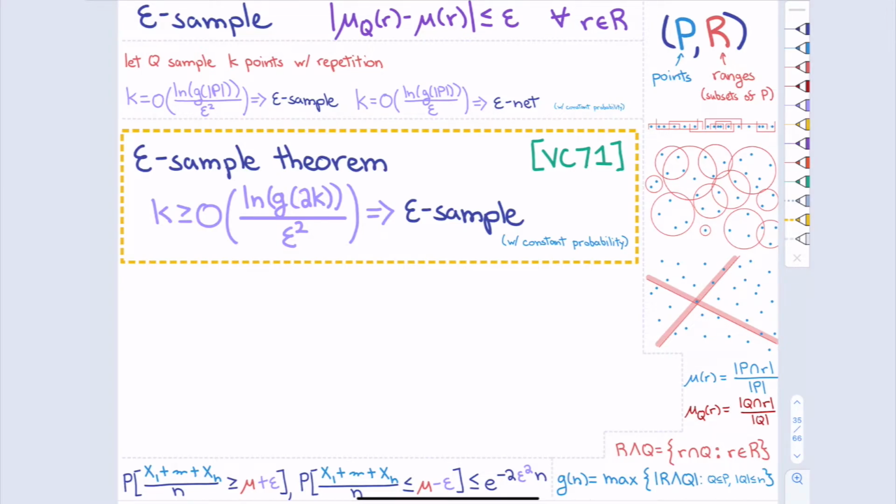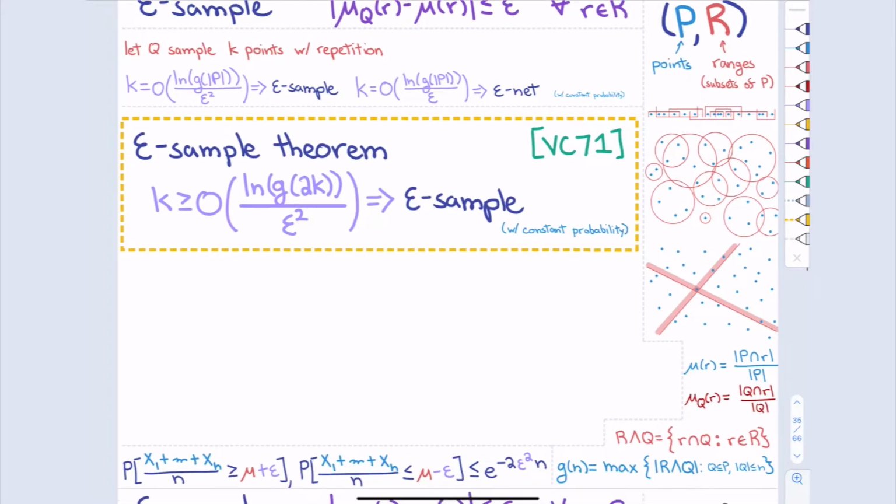Instead of having to use log of growth over epsilon squared, it says that as long as I choose k to be at least the log of growth of 2k over epsilon squared, which is a little bit awkward, but k doesn't have to be that big for k to be bigger than log of growth of 2k, assuming growth is polynomial. I'll give an example in a second. Then you get an epsilon sample. So most of our discussion today will be about proving this theorem.